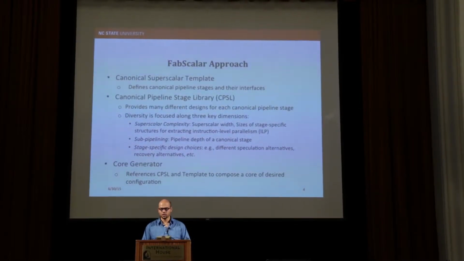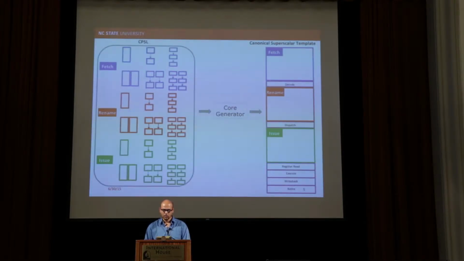So the core generator tool then picks one design from each stage from the CPSL and stitches it according to the canonical superscalar template, and gives you the core that you want. So the core type that you want is input by the user, and the core generator will just pick designs and stitch them. So this is an illustration of how the core generator works.